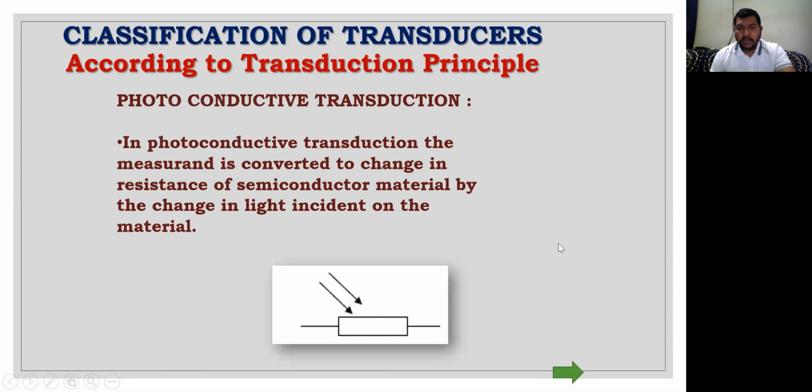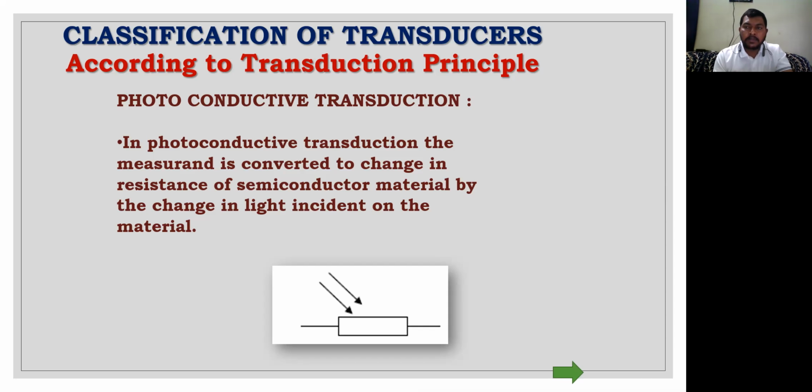Then we have photoconductive transduction. In photoconductive transduction, the measurement is converted to a change in resistance of a semiconductor material by a change in light incident on that material. Whenever the intensity of light needs to be measured, photoconductive transduction comes into play.